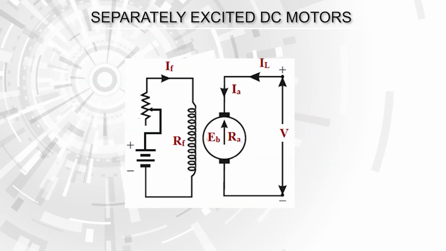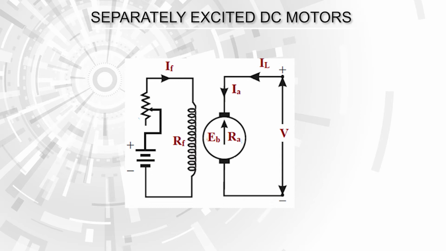Now I am going to discuss the separately excited DC motor. Here you can see in the figure that the field winding, RF, is excited by an external supply, that is, the supply is given by a battery. A variable resistance is also given. That means if you want to change the excitation, by varying this resistance you can change the field current.